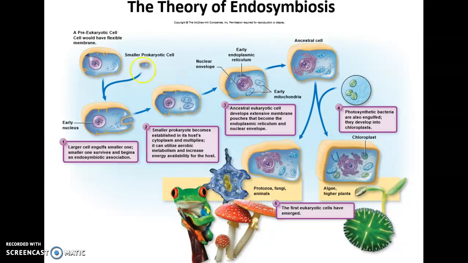So the span of this time frame here is incredibly long. From here over here, it could be millions of years, billions of years, whatever your theory is on how life began. And this theory of endosymbiosis is important because it's a theory that simply explains the development of the eukaryotic cell, but also specifically the chloroplast here and the mitochondria here.